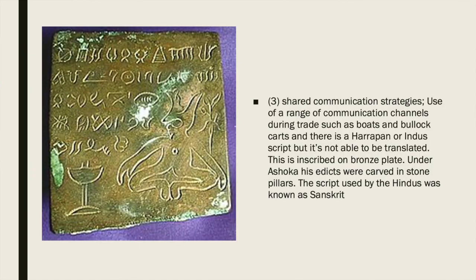Now, in relation to writing style, this writing style no longer exists, and there were 2 types. There was a Harappan or Indus script, and that's what you can see here on this bronze plate. So you saw hieroglyphics carved into stone. Romans wrote on papyrus paper from Egypt.